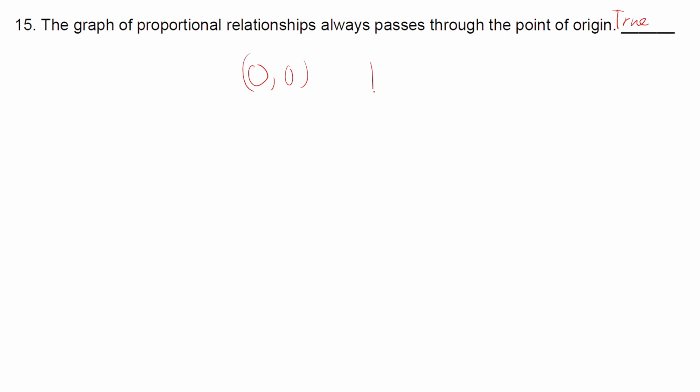When you graph a proportional relationship, it should pass through this point here. That's what is meant by the given statement. And I hope this one is clear for the first part, and this is for the true or false.